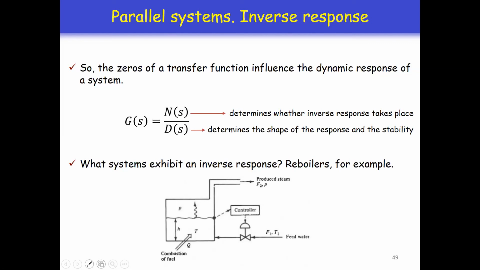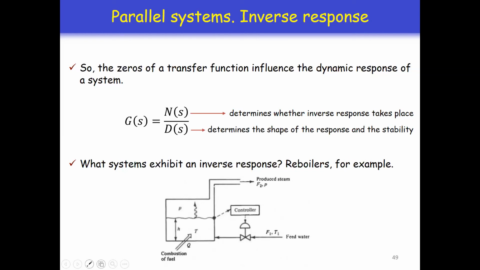I feed more liquid and the level will go up. I'm sorry to say that this is not true. This is a typical example of inverse response. If you feed more cold liquid, for a few seconds you will first observe the level going down, and then the level will start to go up later on.